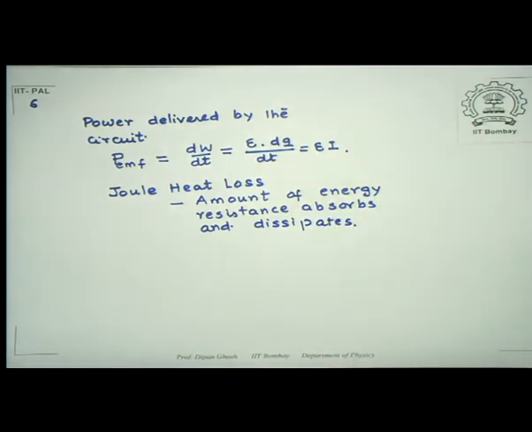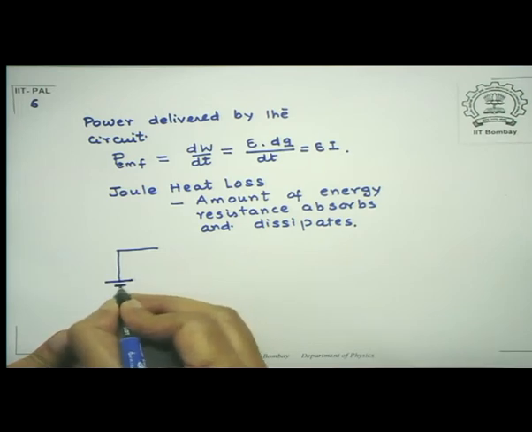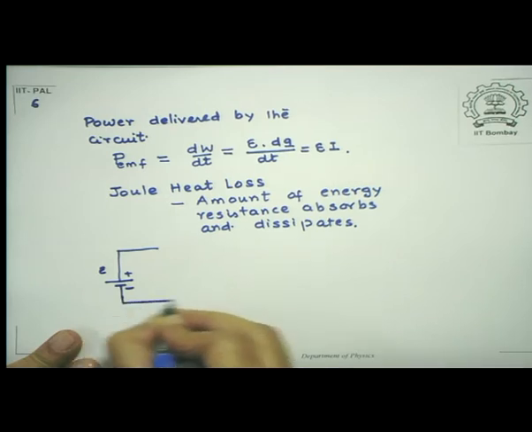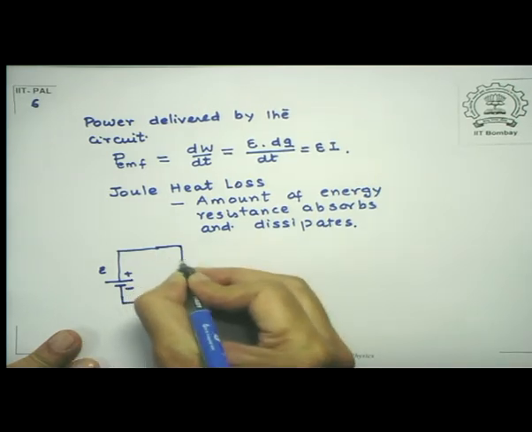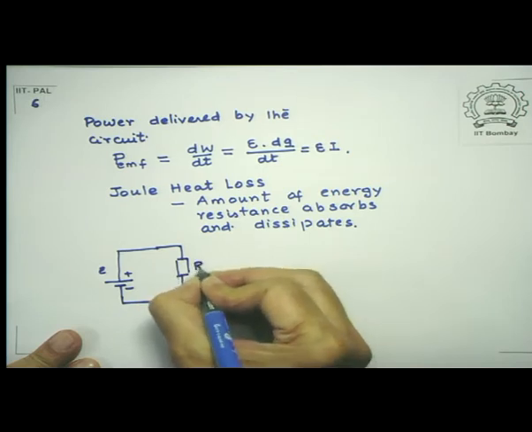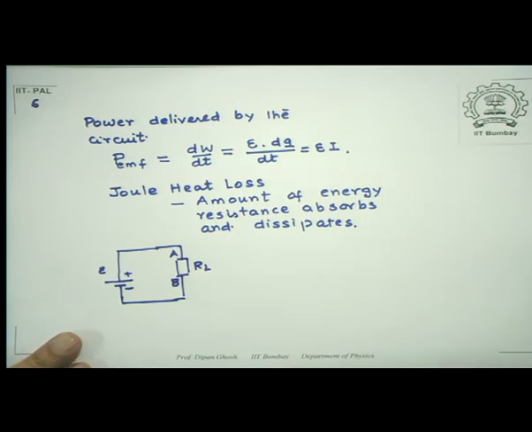Now, I have a very simple circuit. Supposing we simply have a circuit like this. I just have an ideal battery. This is plus, this is minus, E, and let us say I just have a resistance, let's call it just the load resistance, R_L. This is a point A, this is a point B, no internal resistance.